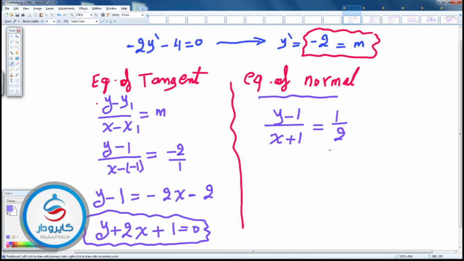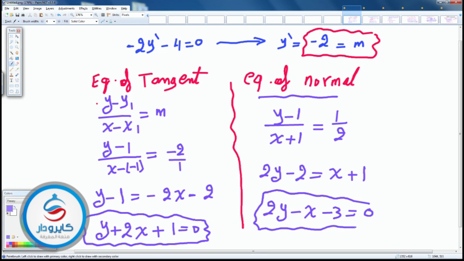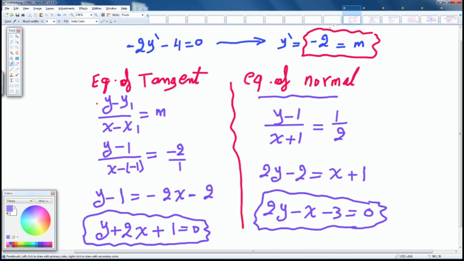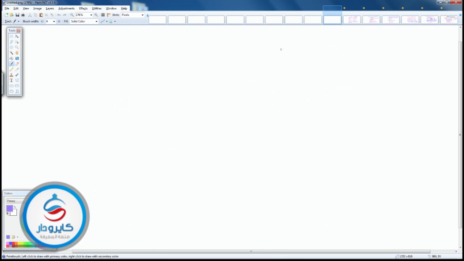By making cross multiplication we get 2y minus 2 equals x plus 1, then 2y minus x minus 3 equals 0, and this is the equation of the normal. By the way, if we found that the equation is x minus 2y plus 3 equals 0, both of them are right. This was the first example. Let's move to the second one.